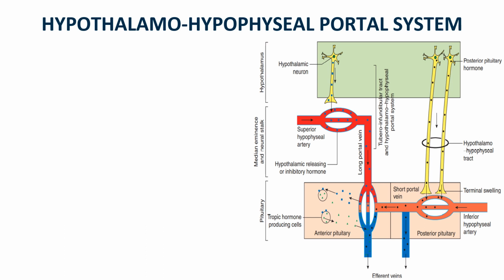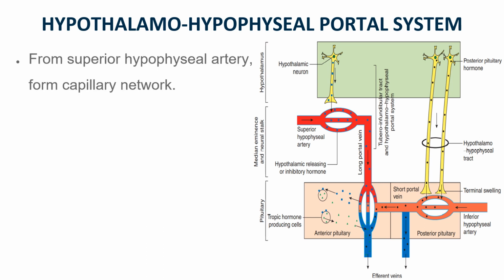Hypothalamo-hypophyseal portal system. The branches from the superior hypophyseal artery form a ring around the upper part of the pituitary stalk, and they are further branched to form a capillary network.